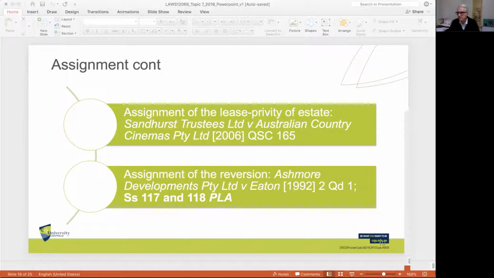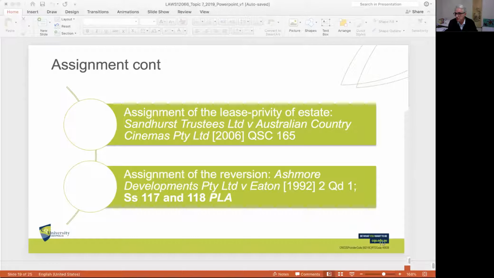You can see there, if you have a look at the notes, that in an assignment of a lease, the doctrine of privity of contract operates so as to maintain the contract, that is the lease, between the assignor and the lessor. The assignor is the original lessee, and the lessor is the owner or the landlord.